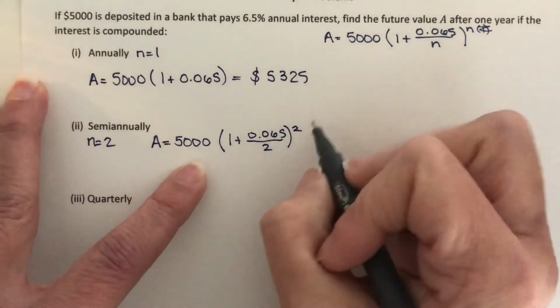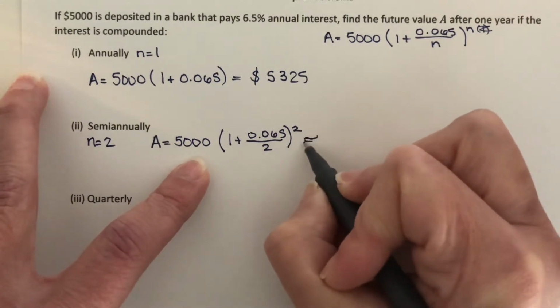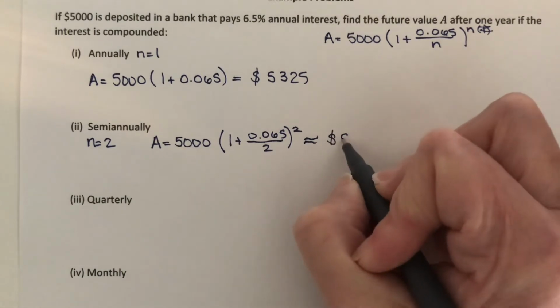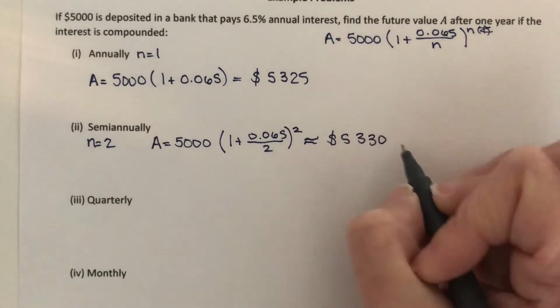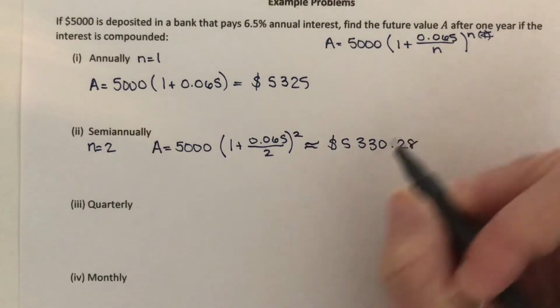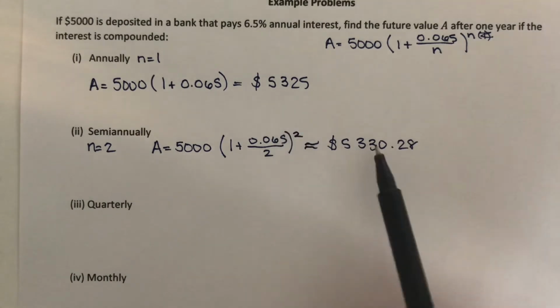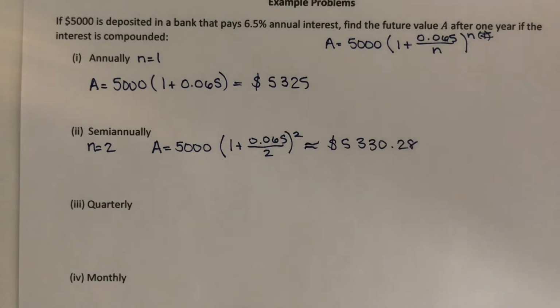If you do this arithmetic, you'll get approximately, we're going to round to the nearest cent here, $5,330.28. This value is more than this, so it at least makes sense. Now, these shouldn't be dramatically more, but definitely more.